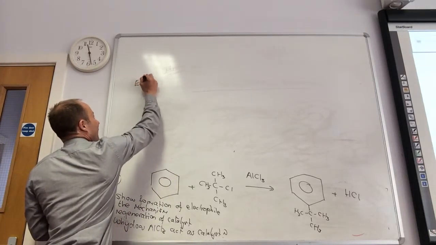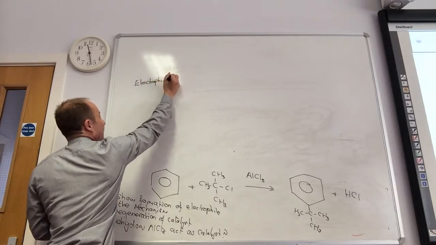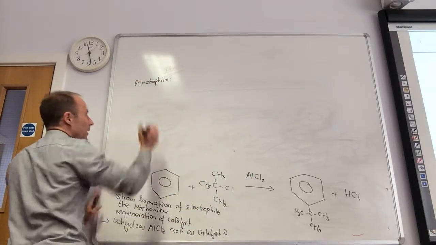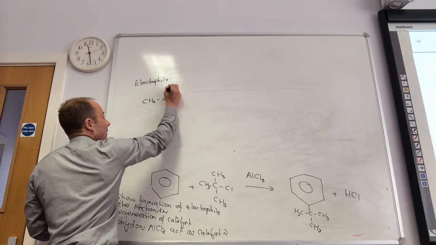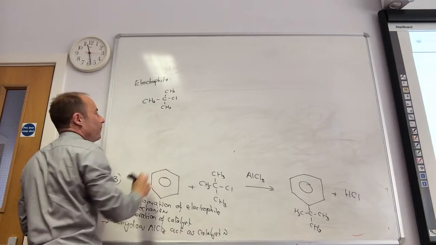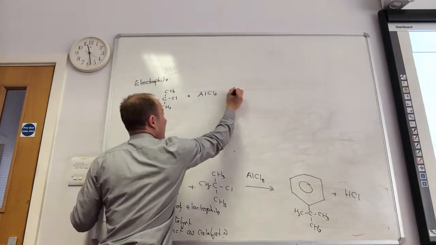So, electrophile formation. Aluminium trichloride now my catalyst, but you know, we can cope with that. CH3, C, CH3, CH3, Cl, plus aluminium trichloride.